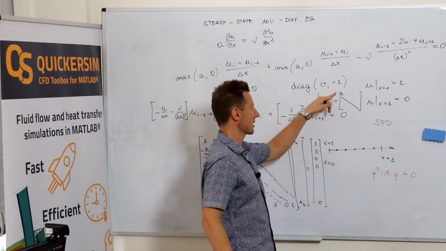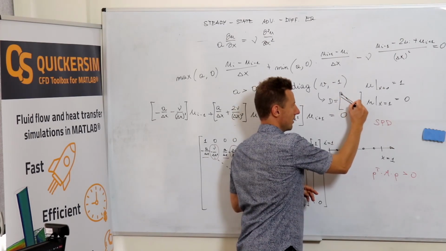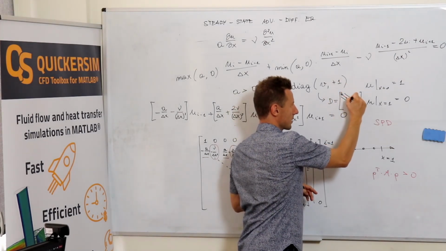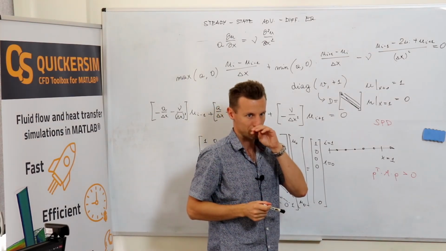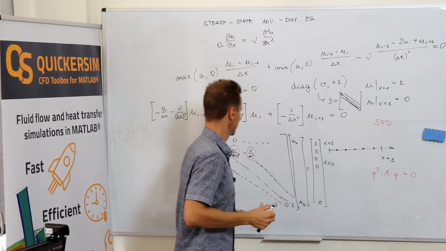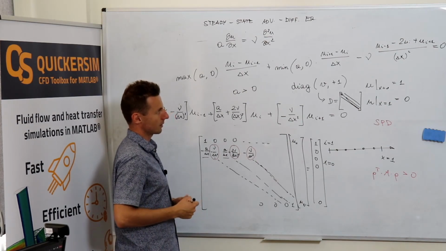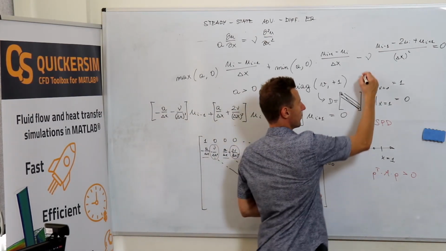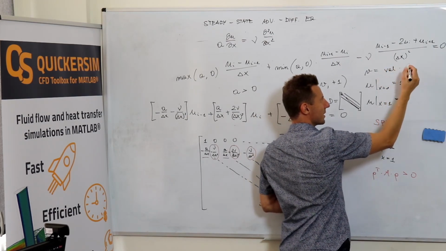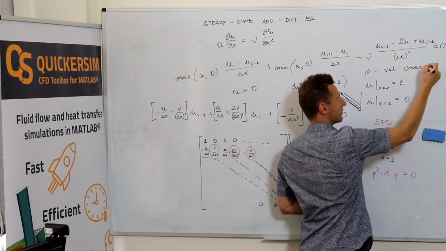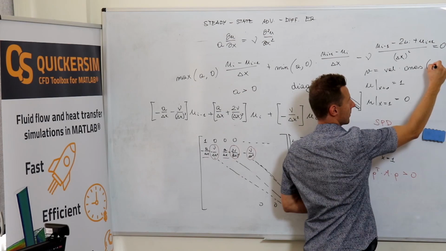So then you can add something at -1, something on the main diagonal, and +1 would add something above, and you've got a tri-diagonal matrix. And in this case, v is basically one value, a divided by delta x. In MATLAB, v can be created as some value times ones of proper size.